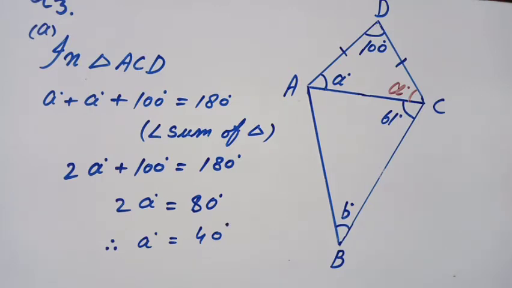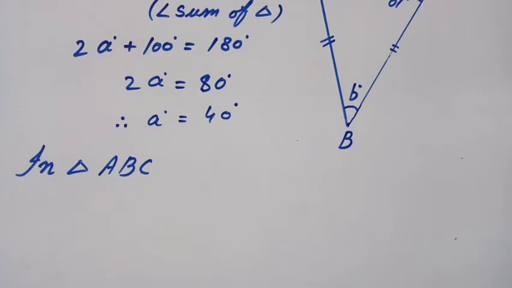Now we solve for the unknown angle B. Then what to do? For the purpose, we will consider the triangle ABC. This triangle ABC is also an isosceles triangle because this side AB is exactly equal to the side BC.